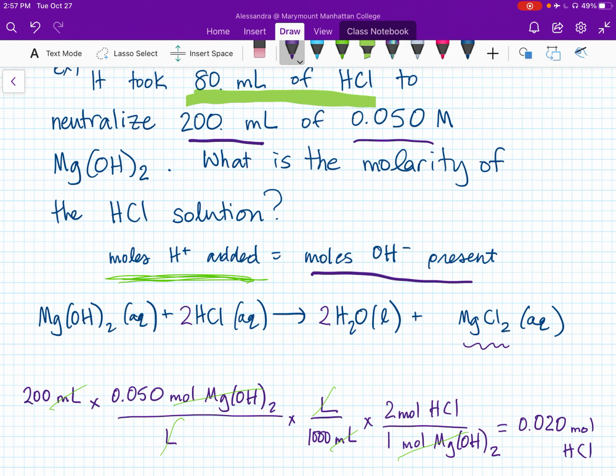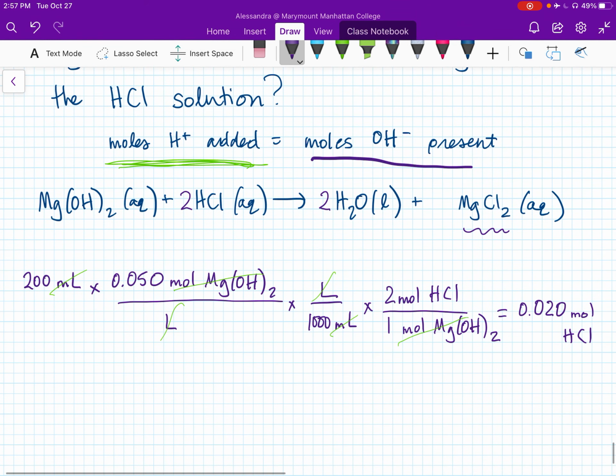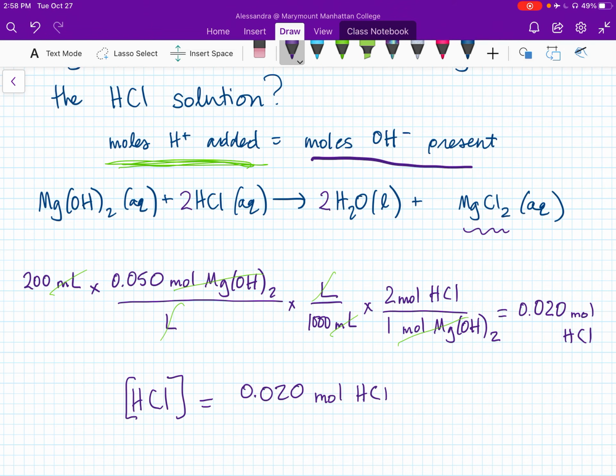So to get the concentration of the HCl, I'm going to put brackets around HCl. When I put square brackets like that, that means the concentration of whatever is inside the brackets. So the concentration of the HCl is going to be 0.020 moles of HCl in 80 milliliters.